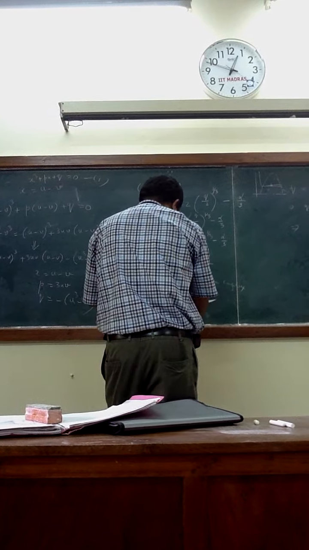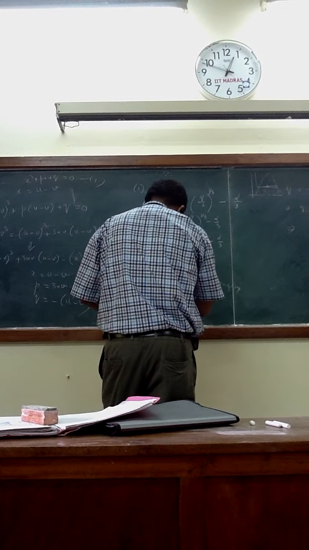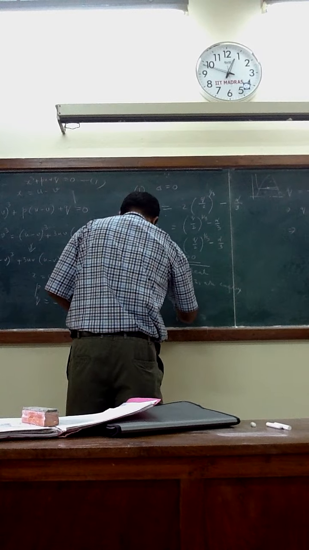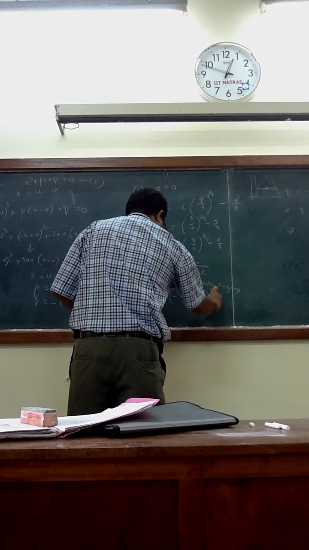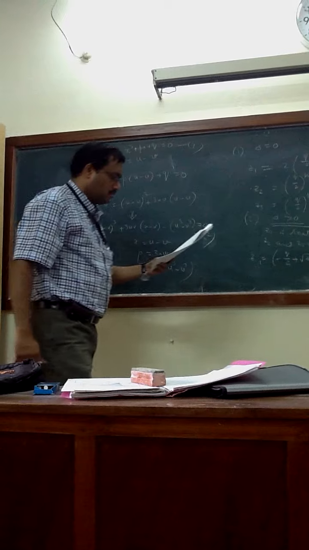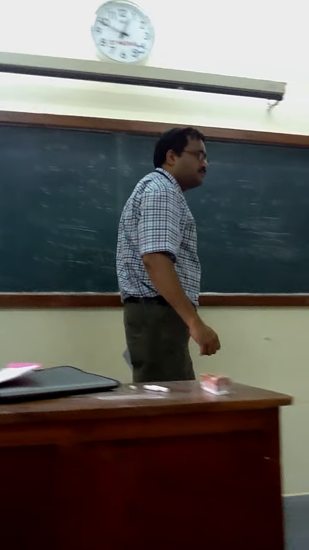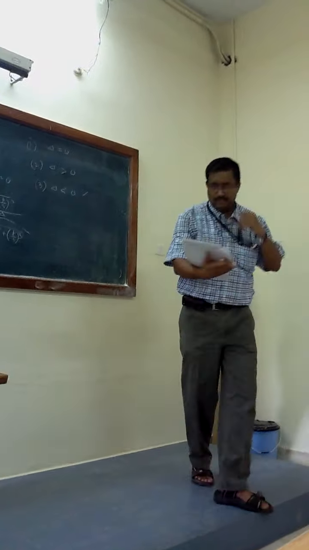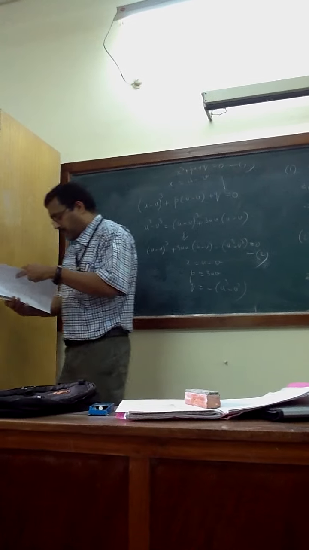I will give you a formula for Z1, which is minus q by 2 plus root delta to the power 1/3, minus q by 2 minus root delta to the power 1/3, minus alpha by 3.